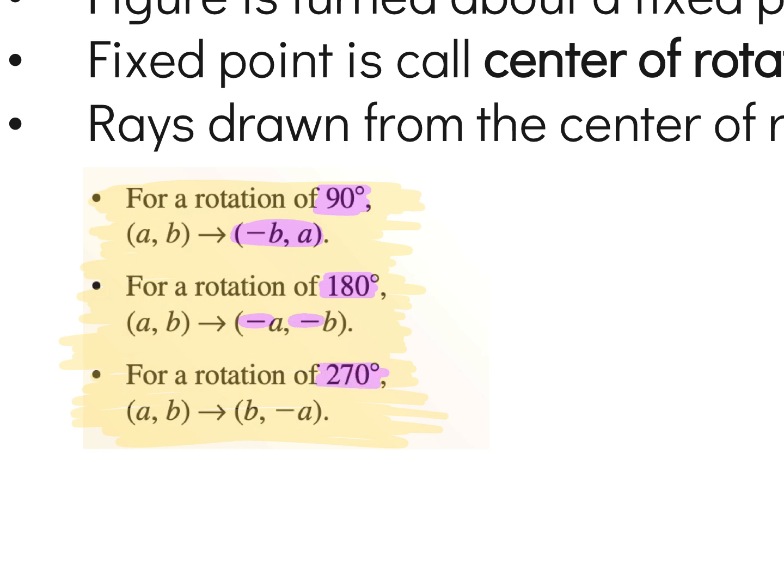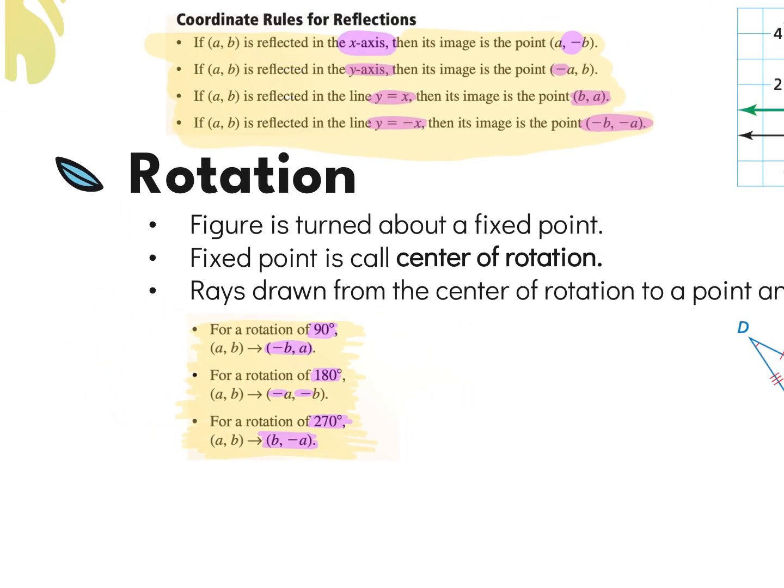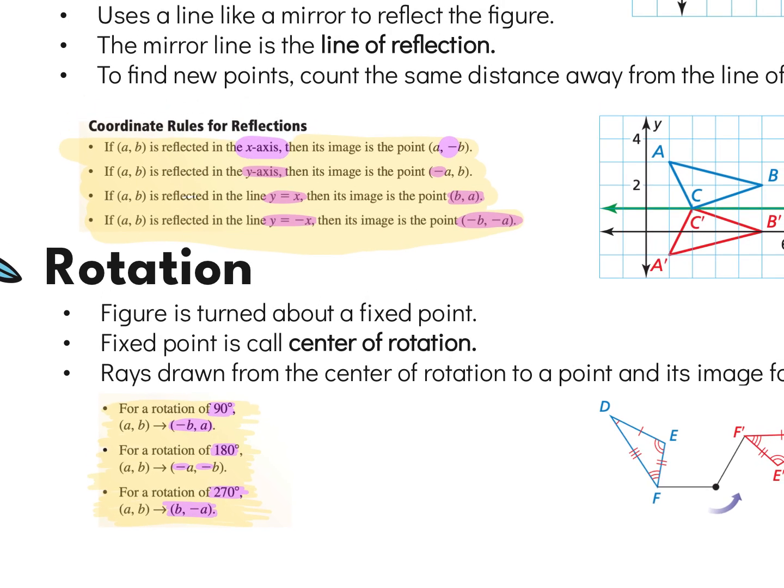And if you're rotating at 270 degrees, you're switching them and changing the sign of your x value. So when they have A's and B's, I'll write it on here: your A is your x, and your B is your y.